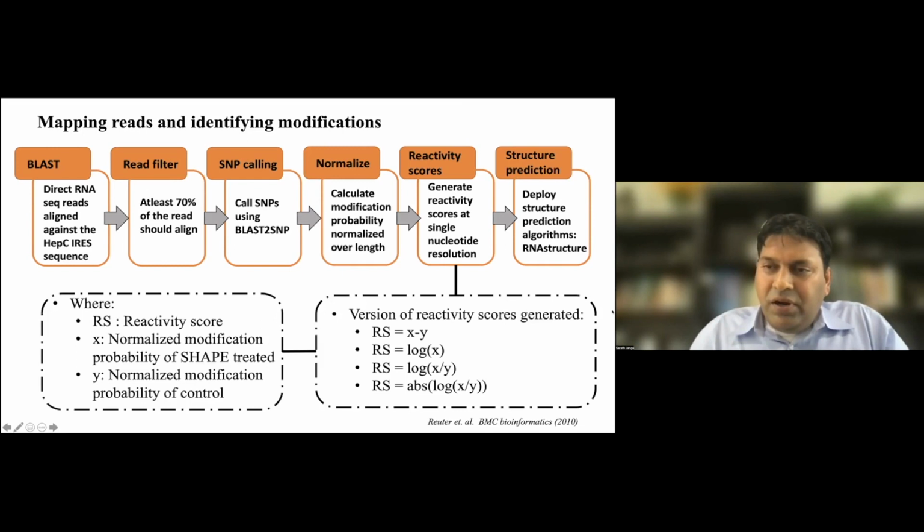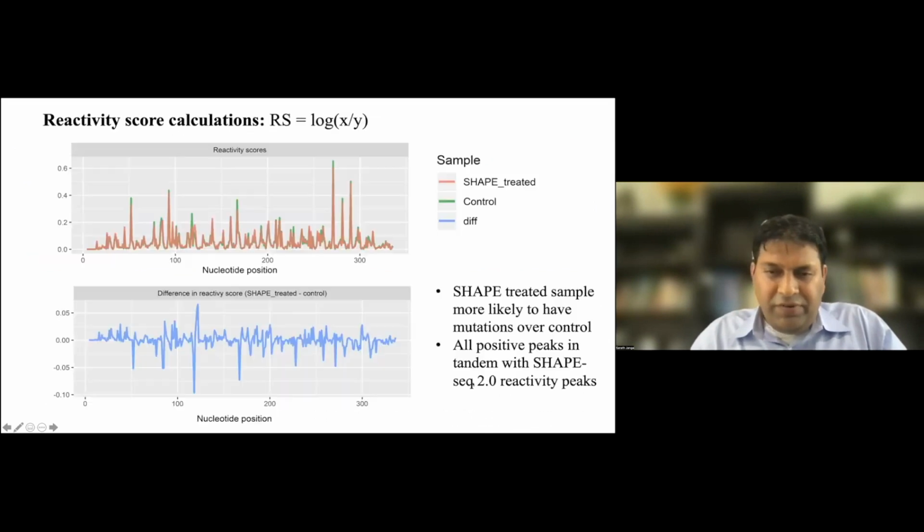And these inferred reactivity scores are then fed into RNAstructure or other structure prediction algorithms as a constraint. So the reactivity scores can be generated using normalized modification probability in the treated library compared to a control library. And you can either do X minus Y at each position, or just take the modification data, or take a logarithm or various kinds of metrics.